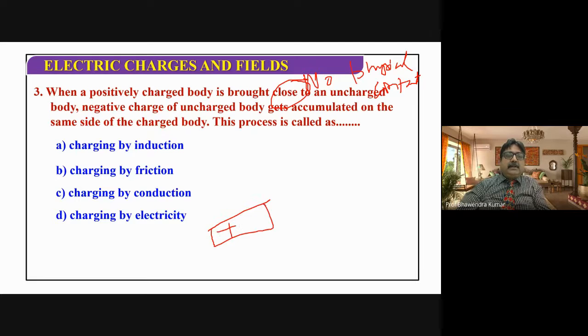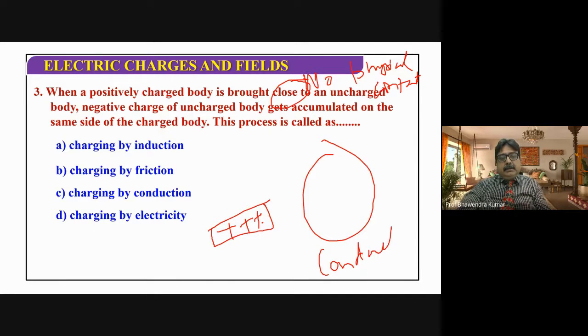So if this is a positively charged rod and this is a conductor, then it will attract the electrons here and the positive charge will get accumulated on the other side. So if this is having a plus capital Q charge, on this side there will be a minus Q charge, on this side there will be a plus Q charge.